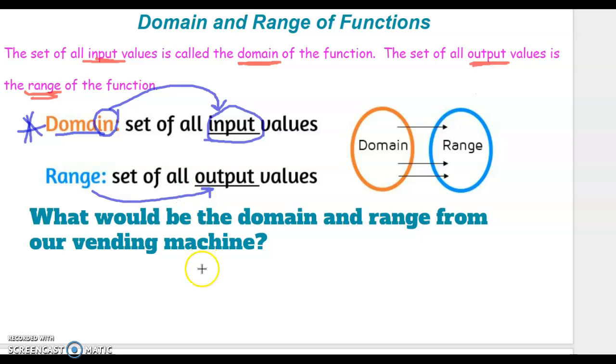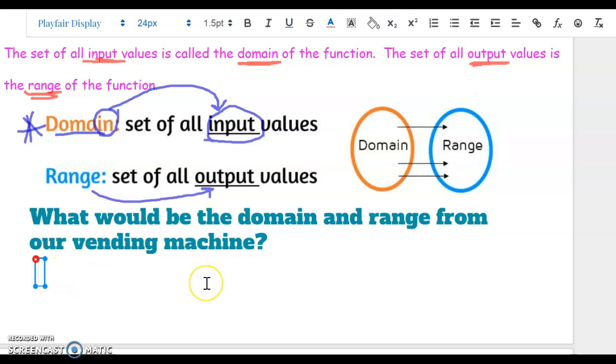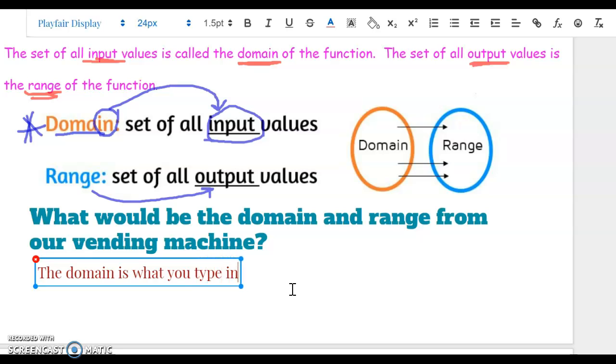So let's just think about our vending machine right now. It says, what would be the domain and range for the vending machine? Well, the domain is what you type into the keypad, or the input.